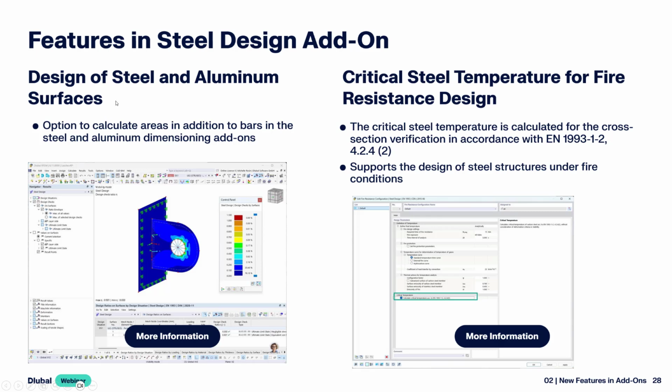Then the design of surfaces is now possible, also for aluminium surfaces. Then the critical steel temperature for fire resistance design can also be used now for the design according to Eurocode 3.1.2 and this paragraph.